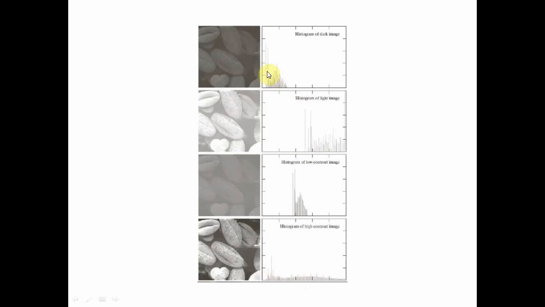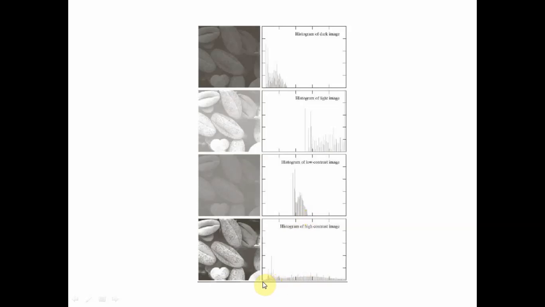So a dark image will contain the maximum histogram nearer to 0, a light image nearer to L minus 1, and low contrast means the gray level pixel values are covering a very small area of the entire range.